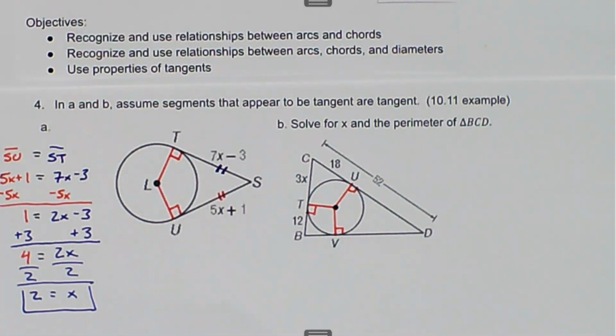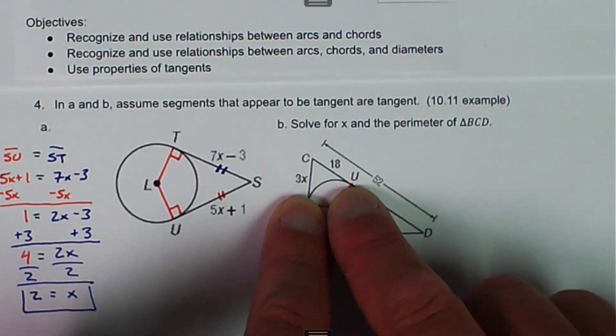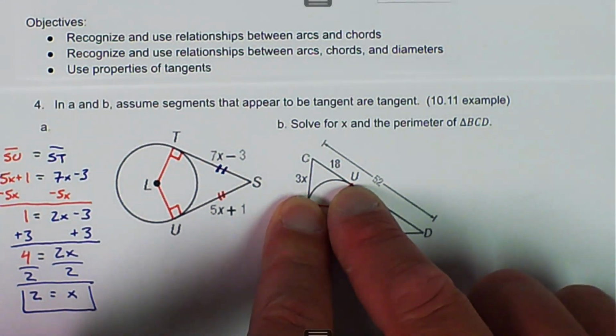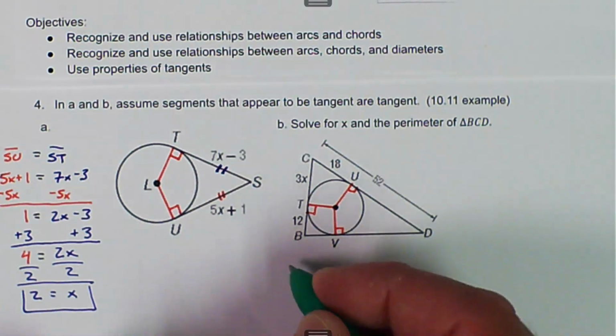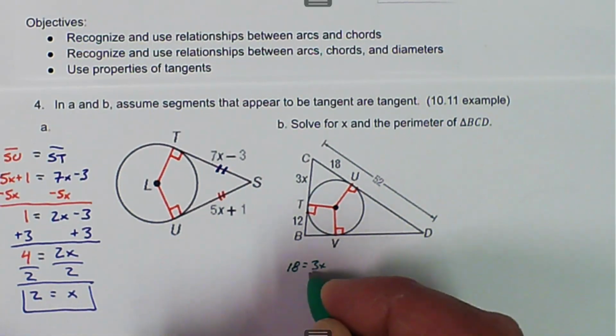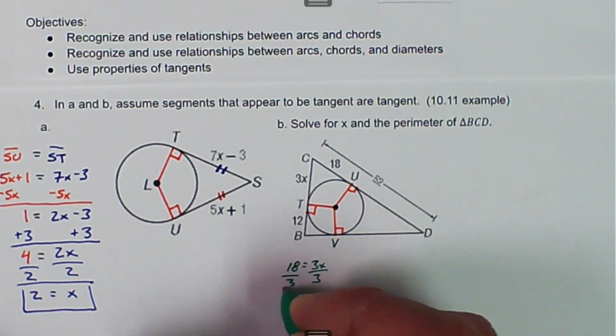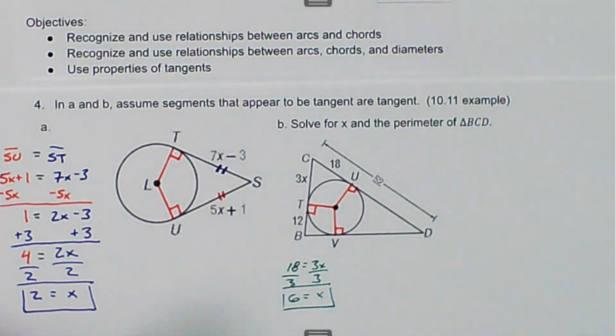So we can say that these two are equal to each other. We can say that 18 is equal to 3x. So we divide by 3, and we get 6 is equal to x.